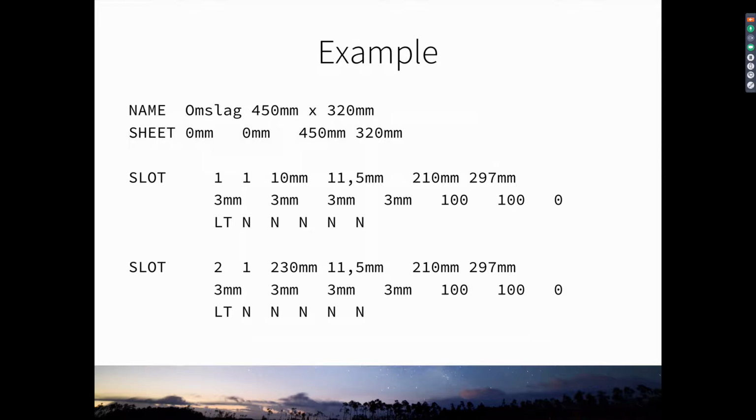The page is placed at full size. The 0 is a rotation, and then the rest defines binding edge, where the file is going to be placed into the slot. And then in this particular example, I want no crop marks or trim marks, and all of these N characters that you see on the last line for each slot tell pdfToolbox that I indeed do not want trim marks.